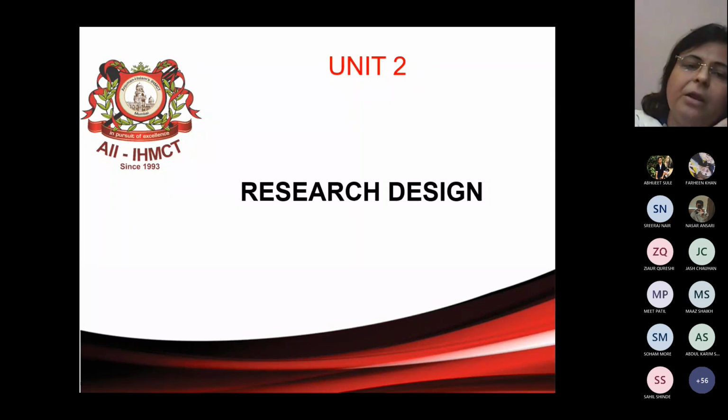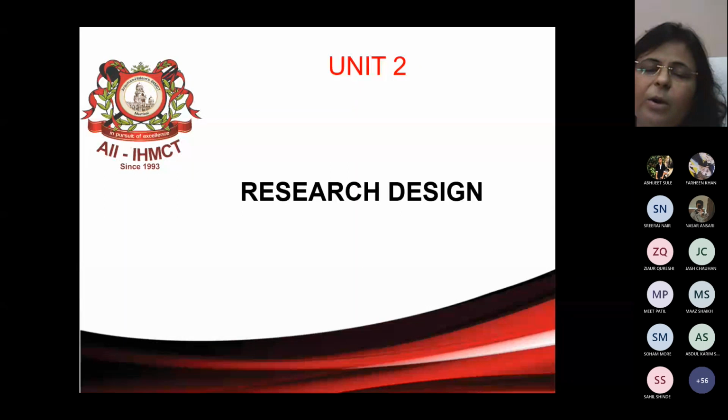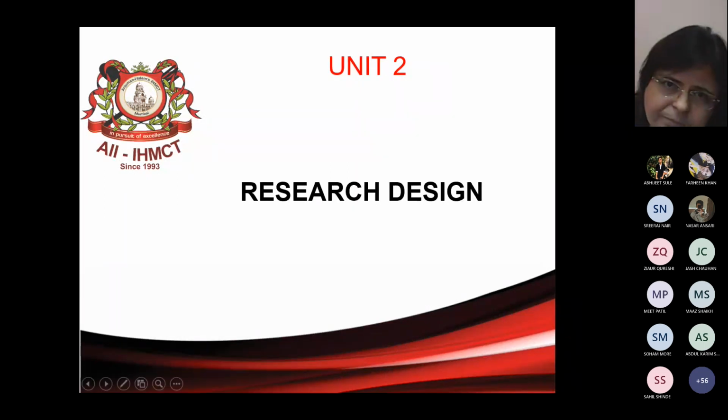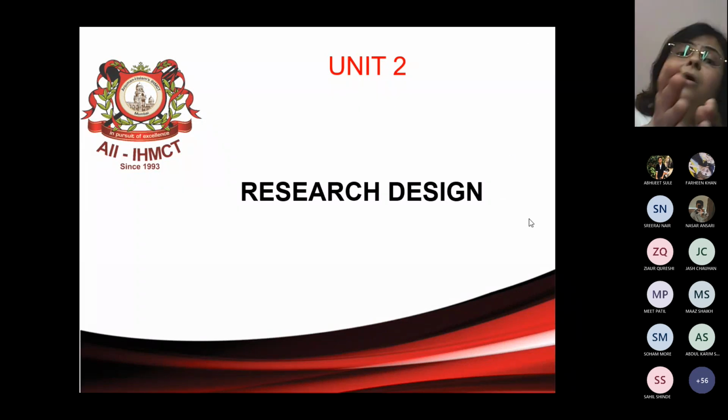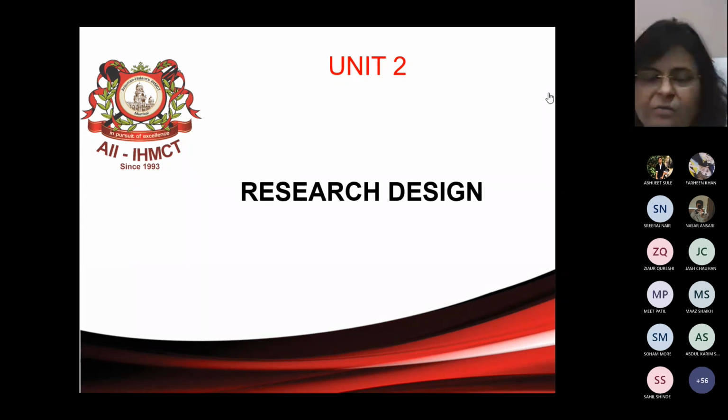When I say one of your chapters would be research methodology, you need to know what research methodology is. Introduction becomes easier to understand, which we shall discuss later. For literature review, you need to know what a literature review is. If there is a chapter on results and conclusion, you need to understand what that means and how you will derive the results and conclusion from the research. So don't get confused.